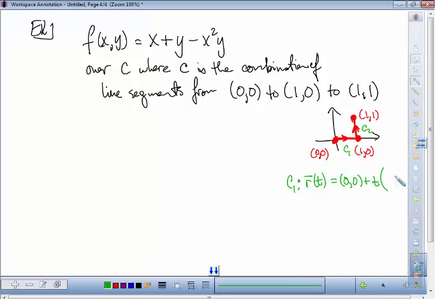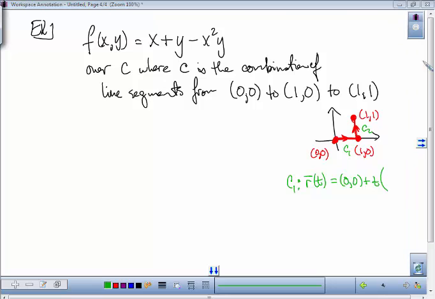So I need to do a subtraction there, the head minus the tail. The head in this case is 0, 1, and the tail is 0, 0. I don't know if that ever became a fancy formula for us, but this would be a way to parameterize a line.